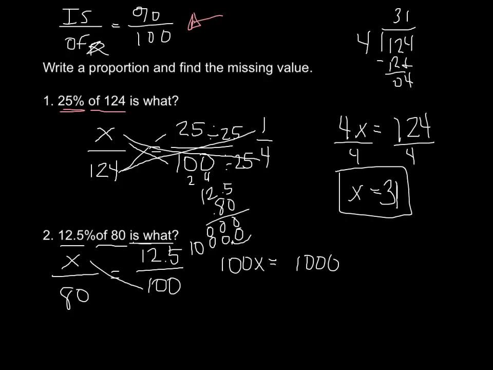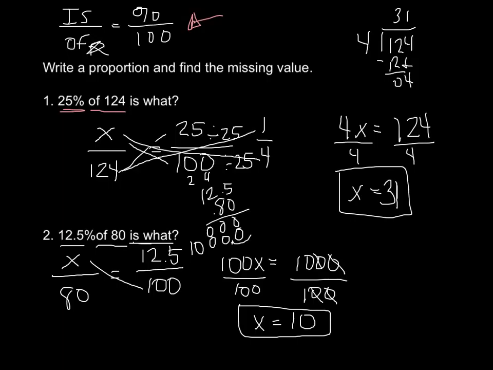Now I just need to divide both sides by 100. Again, we can do our little trick here where we can cross off a 0, cross off a 0. Cross off a 0, cross off a 0. So my x is actually 10. Not too bad. What I did is I divided both sides by 100. Cross off 2 zeros, and we would get 10 over 1, or just regular old 10.